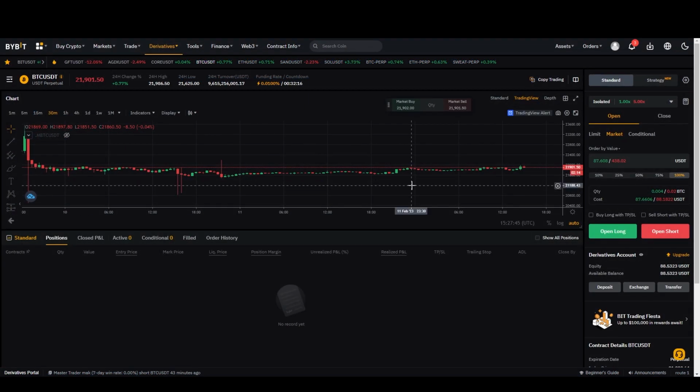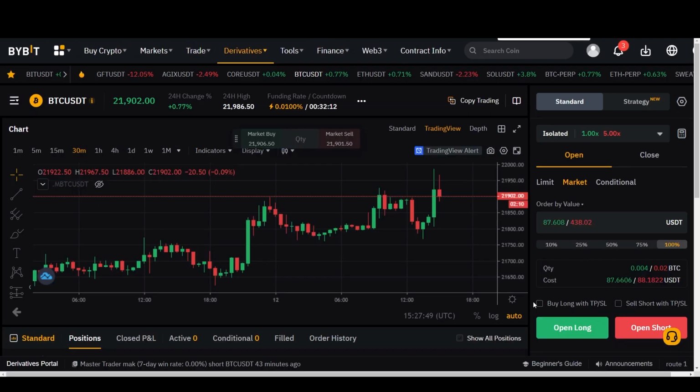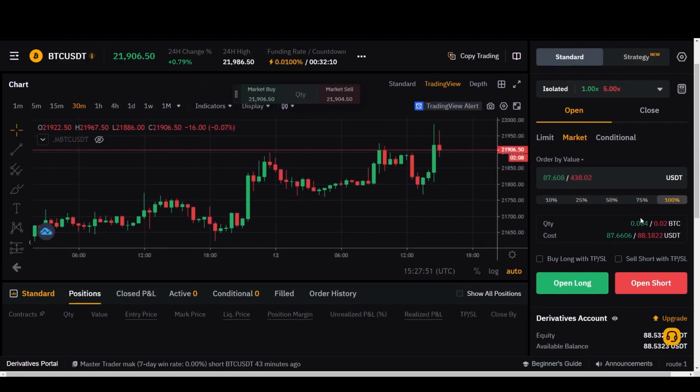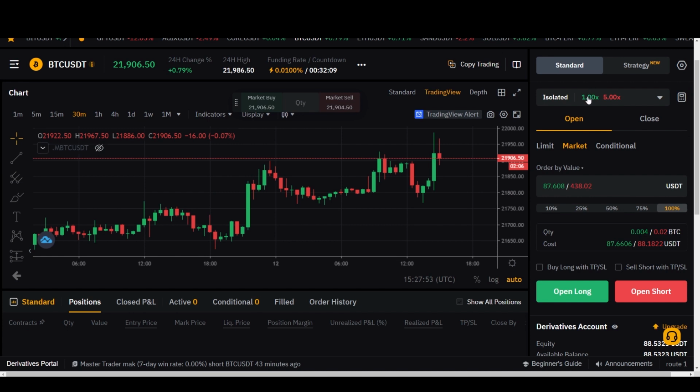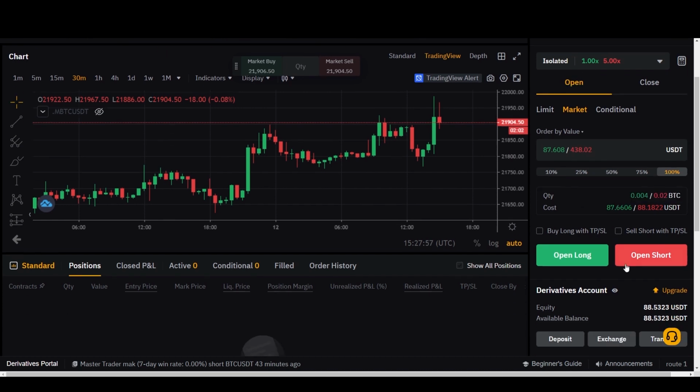So, some weird stuff is happening over here. I have my isolated set at 1, and then I have my long setup. I got $88 in here. So the most that I can do is an $87 position size. But I guess that has to do with the fact of this.